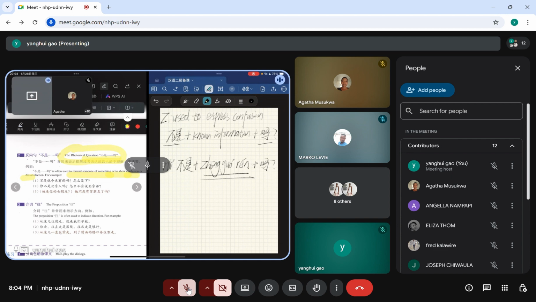So why can't you speak Chinese? Okay, so that's to express your confusion. So this is the first one. 哎，你不是中国人吗? Why can't you speak Chinese?